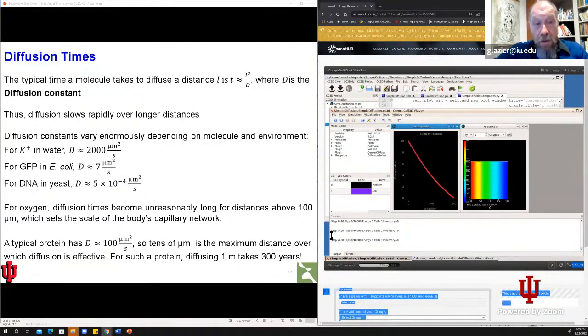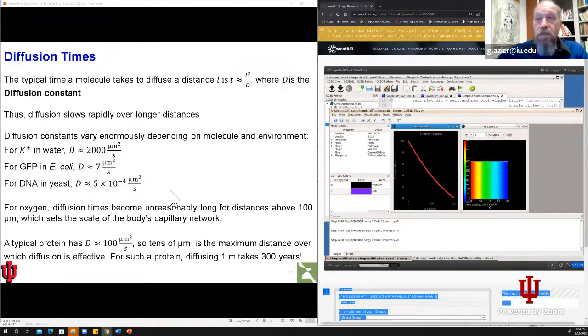But typically for most molecules, the actual diffusion constant is within an order of magnitude of the Stokes-Einstein estimate. It'll be less. Exactly how much less you have to determine experimentally. If you're a chemist, you can get some rough estimates of how much less, but there is no analytic way of determining it.